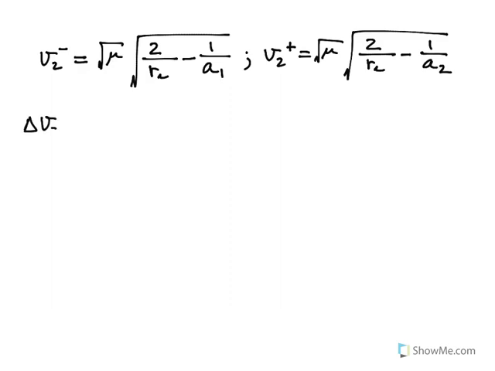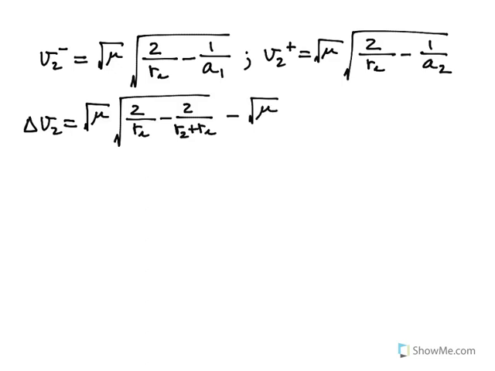So delta V2 is then equal to the square root of mu times the square root of 2 over Ri minus 2 all divided by R2 plus Ri, minus the square root of mu times the square root of 2 over Ri minus 2 over R1 plus Ri.